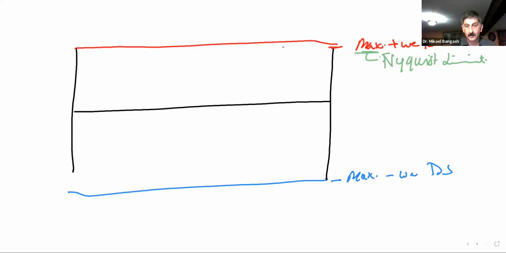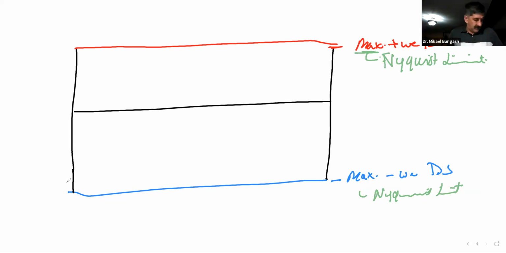But please keep in mind that this is your Nyquist limit. So an easy way to define your Nyquist limit is the maximum speed that you're able to record.